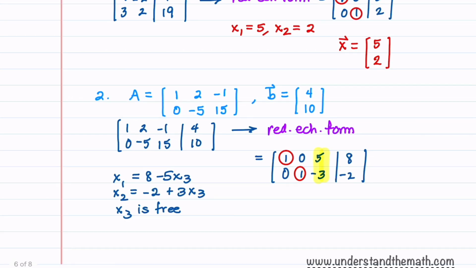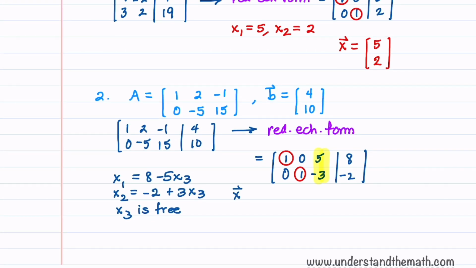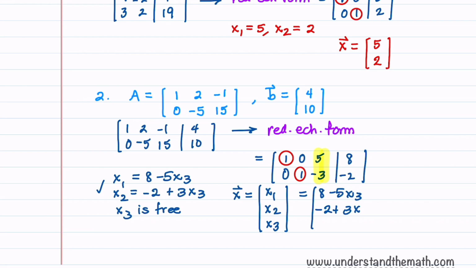To write this in vector form, we'll start by writing down x is equal to x1, x2, and x3, and then we'll plug in these equations. x1 is 8 minus 5x3, x2 is minus 2 plus 3x3, and then x3 is free, and this is usually the part where students always get confused. You just put in x3 as itself.